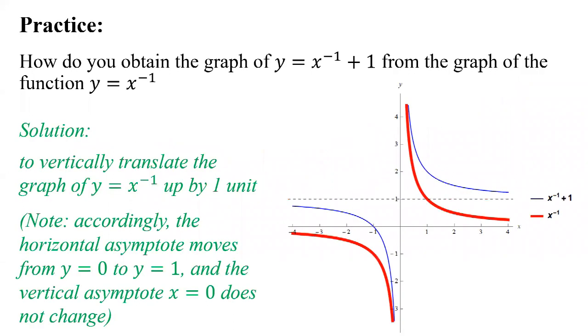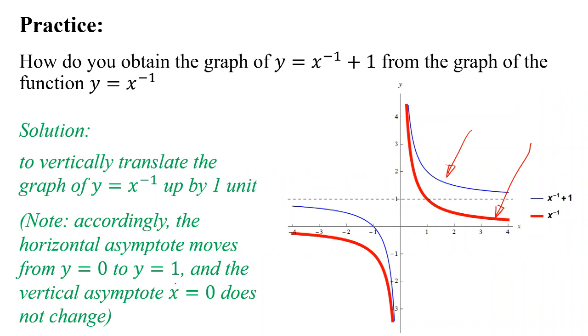Okay, so if we draw a graph to illustrate this problem, the original function is here, and after translation by 1 unit up, the new function becomes here, right? So note, accordingly, the horizontal asymptote also moves from y equals 0 to y equals 1.